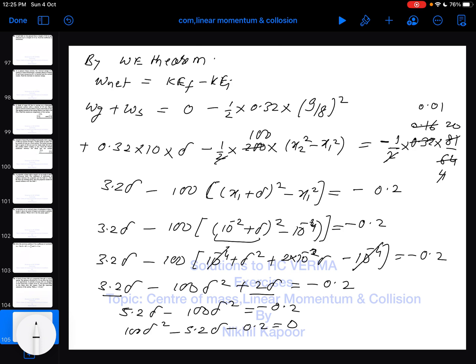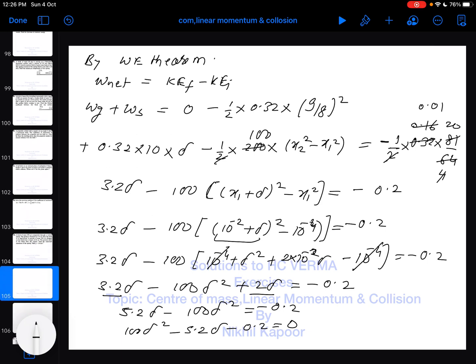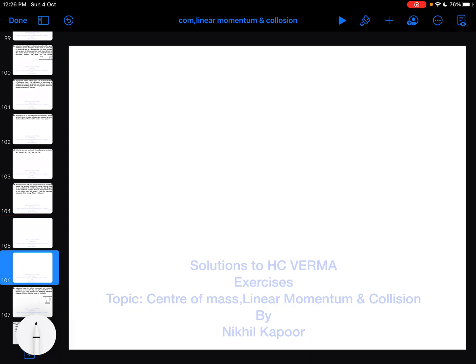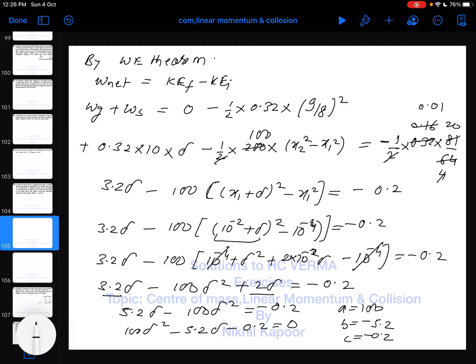Now let's keep the coefficient of delta square as it is. So now we have got the quadratic equation in which a is 100, b is minus 5.2 and c is minus 0.2. So by quadratic formula I can find delta is equal to minus b plus or minus under root b square minus 4ac upon 2a. So minus, and what is the value of b?